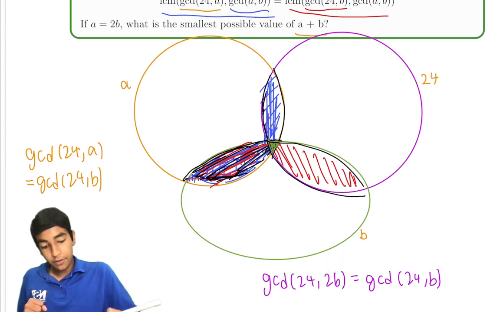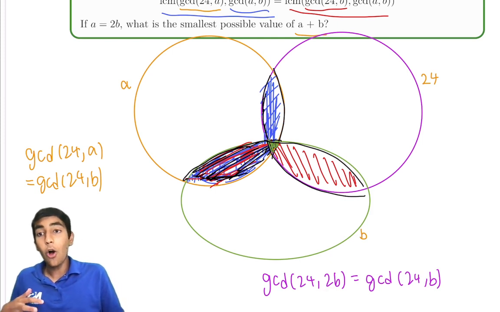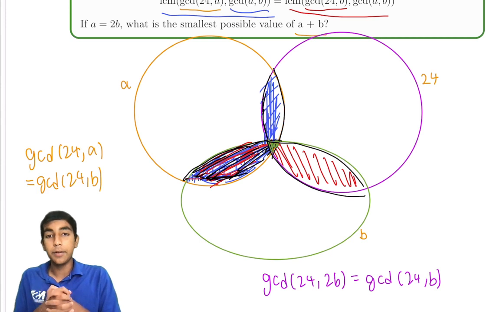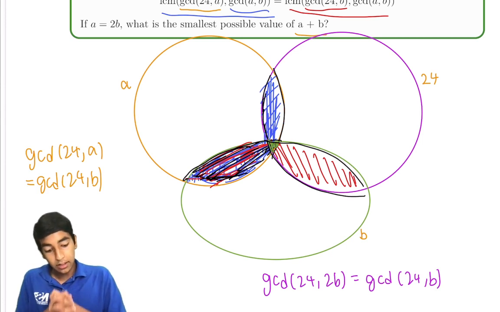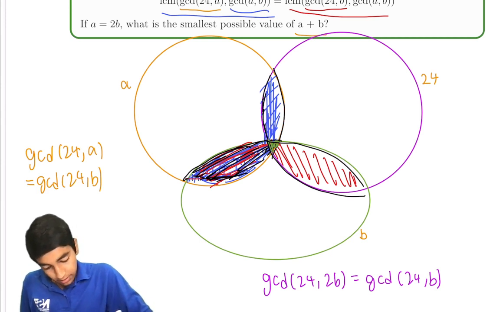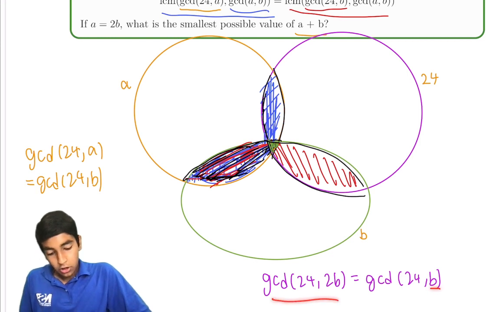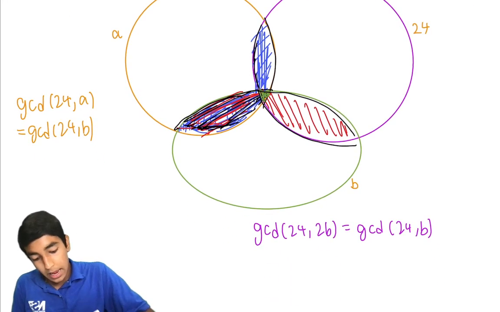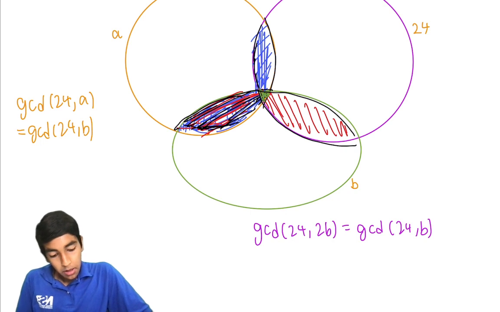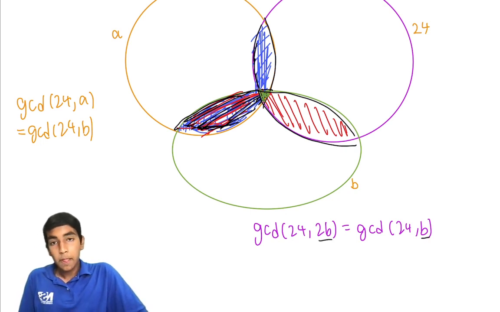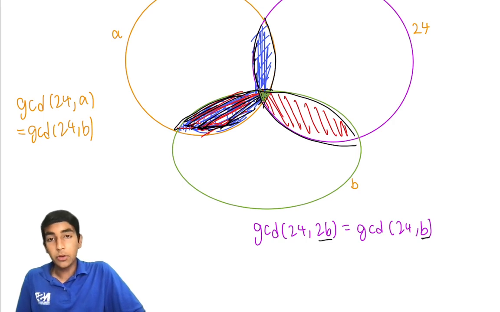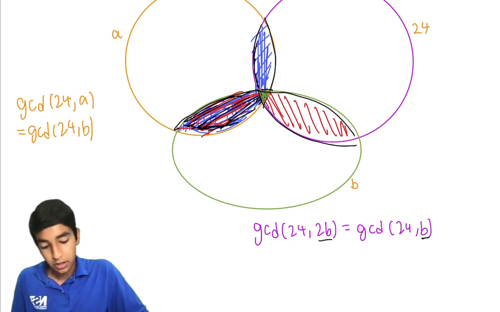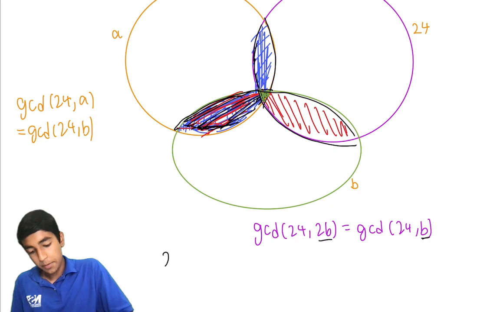If 24 had an additional factor of 2, then the GCD would be 2 times greater. But it doesn't, because these GCDs are the same. So what this essentially means is that b must have at least 3 powers of 2. So it has to be a multiple of 2 cubed.